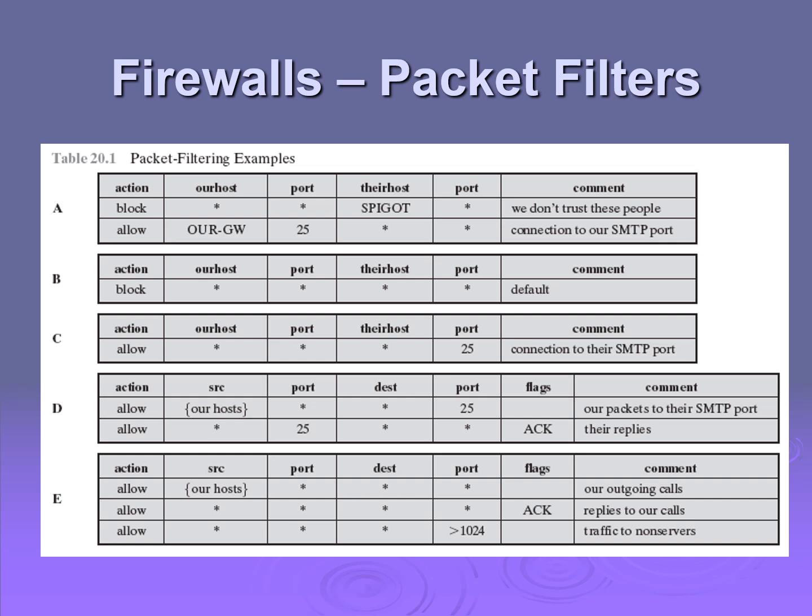In rule set B, this is an explicit statement of the default policy. All rule sets include this rule implicitly as the last rule. In rule set C, this rule set is intended to specify that any inside host can send mail to the outside.